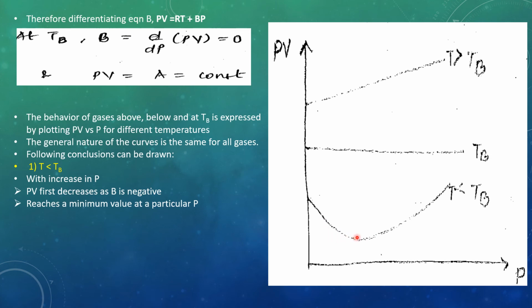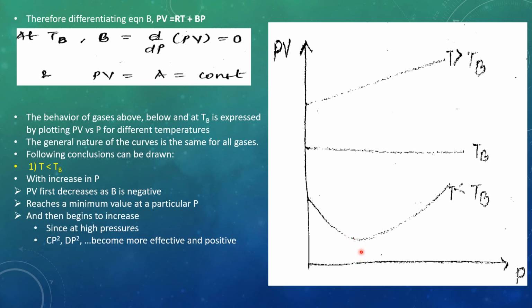It reaches a minimum value at a particular pressure, and then it begins to increase, since at high pressures the CP square, DP cube terms become more effective and positive. Here it suggests that below Boyle's temperature, intermolecular attraction exists as gases are highly compressible.